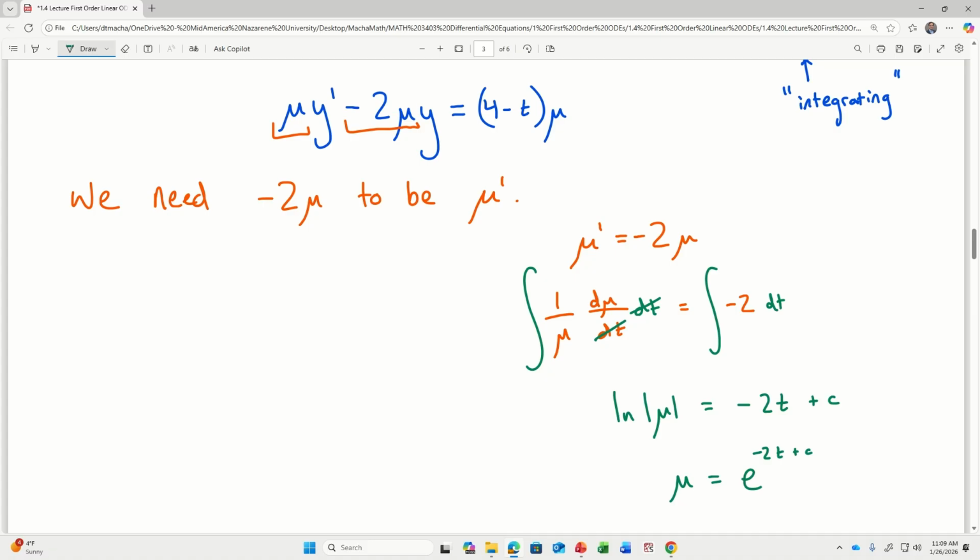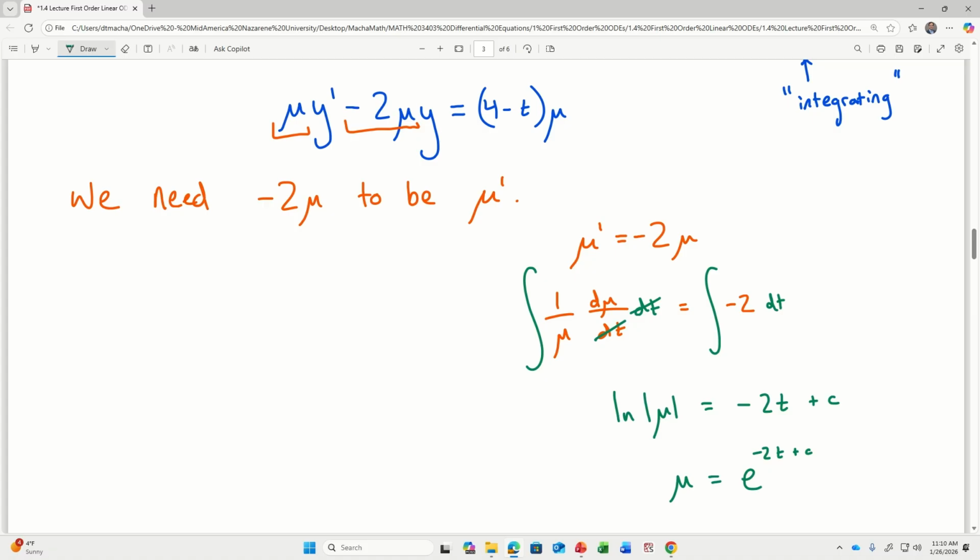And then you can always set the little c that you get to 0 in this case, because remember this mu has nothing to do with my original differential equation, right? It did not exist until we just made it up and we multiplied both sides by mu. So we really just wanted something convenient that fits this description, but it doesn't have anything to do with the physical property of our system.